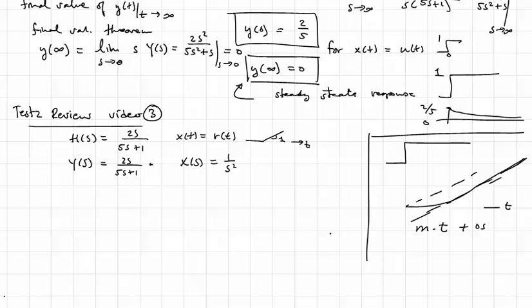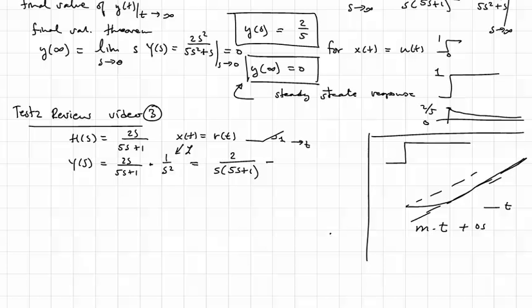When we multiply, the s cancels, and we get 2 over s times (5s + 1).